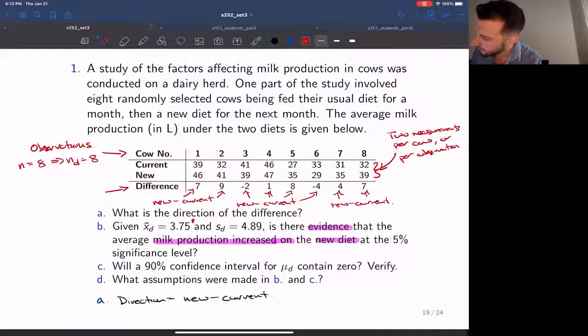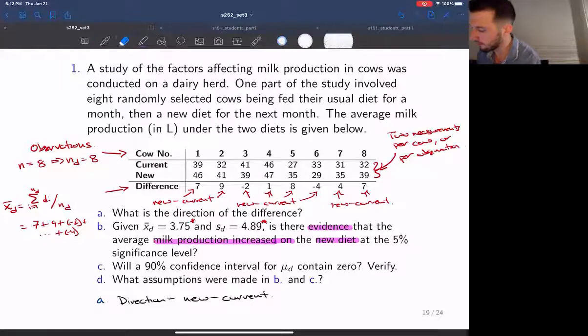For example, x bar d is going to be the sum from i equals 1 to little n_d of the d_i divided by little n_d.